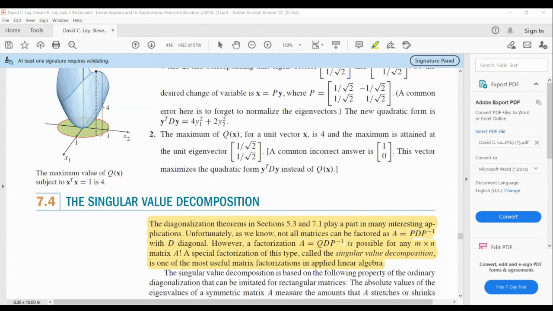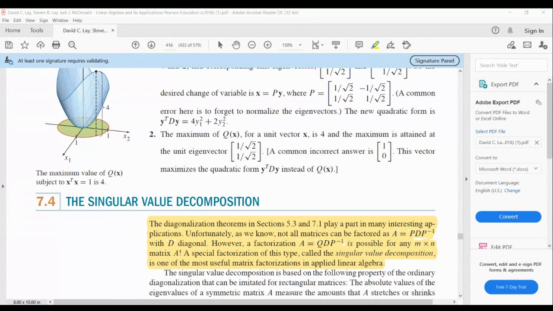And the P matrix there is an orthogonal matrix, so P transpose equals P inverse. These diagonalization theorems are very important. We already saw in section 7.2 how diagonalization could help us find appropriate principal axes for a quadratic form.